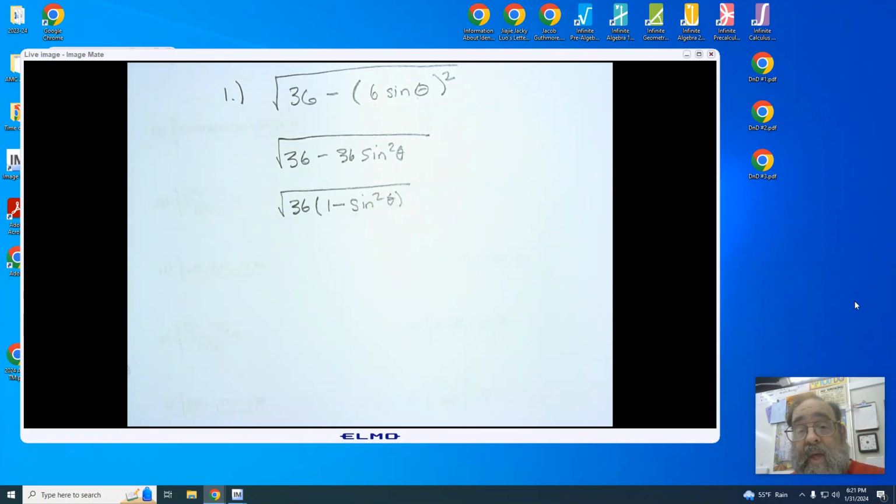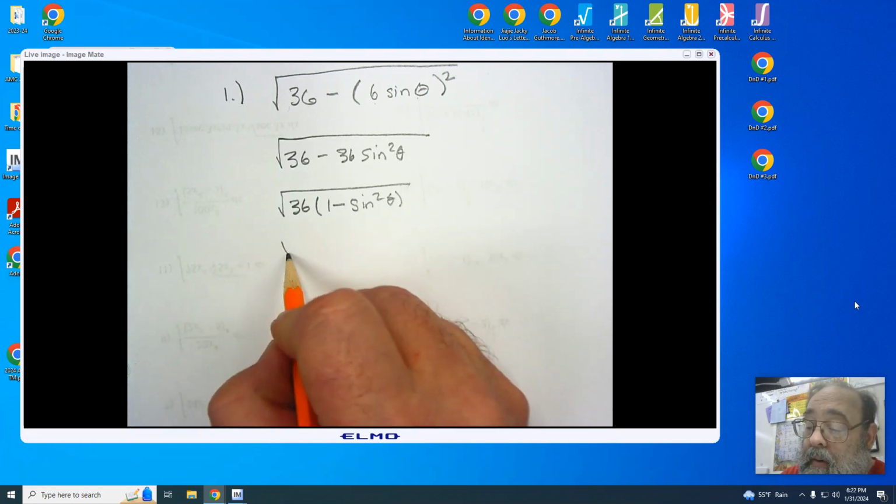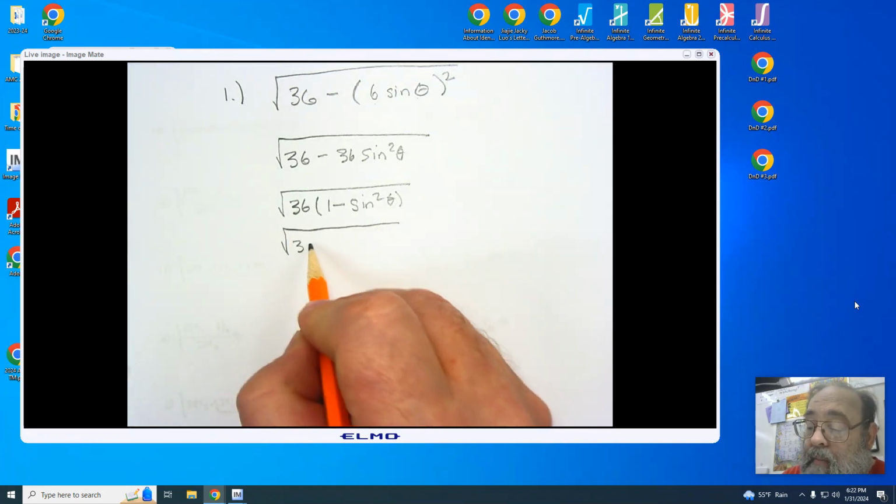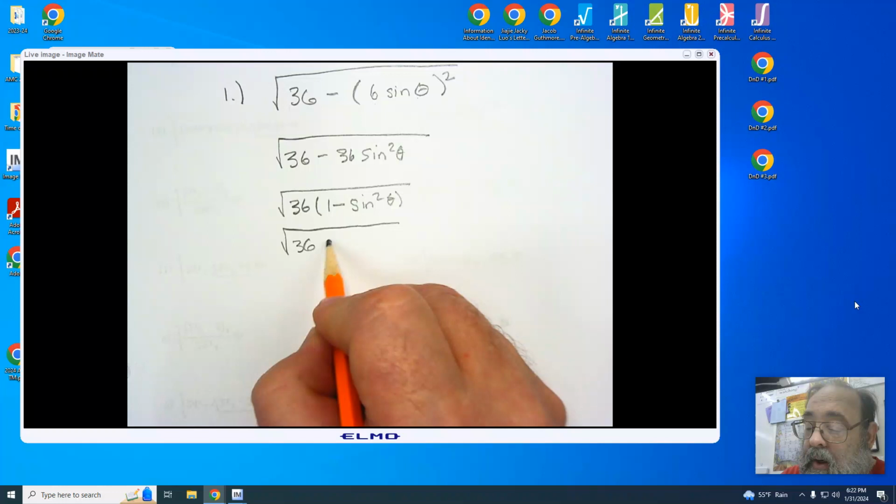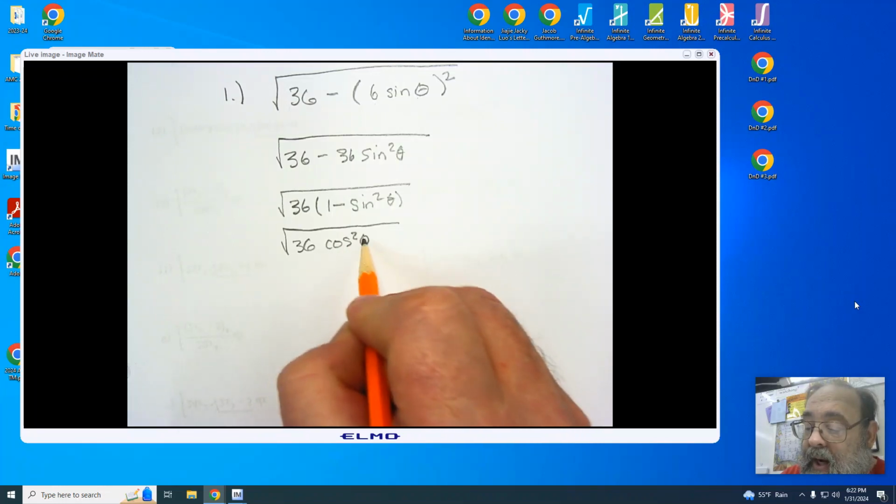Now, we know that the Pythagorean theorem says that cosine squared plus sine squared equals 1. So if I subtract both sides by sine squared, I end up with cosine squared is equal to 1 minus sine squared. We're going to replace the 1 minus sine squared with cosine squared theta.